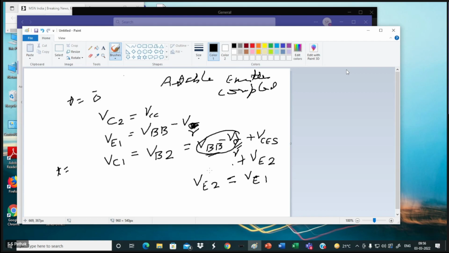E2 was your VBB minus V sigma. I think I'll do it in the next class. I'm getting confused somewhere, with 0 plus and 0 minus. In the next class, I'll take my example from this place.